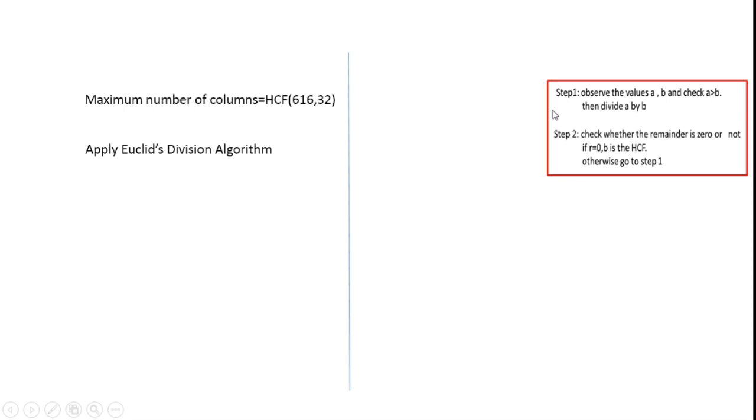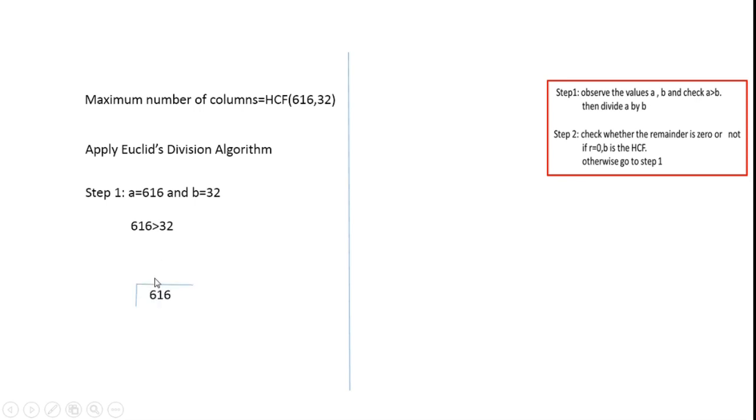The algorithm, step 1: observe the values A and B and check A is greater than B. Then divide A by B. Here A equals 616 and B equals 32. 616 is greater than 32.